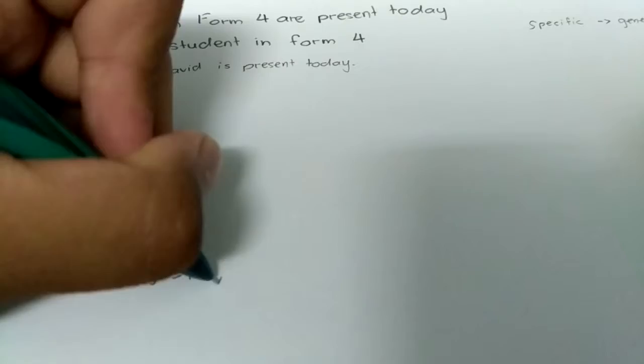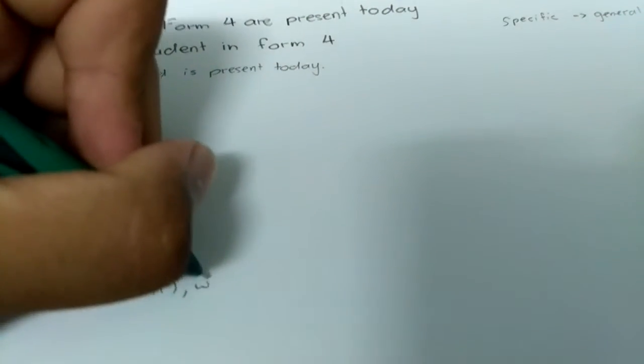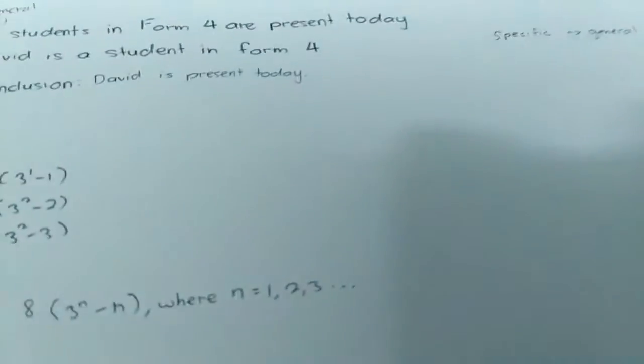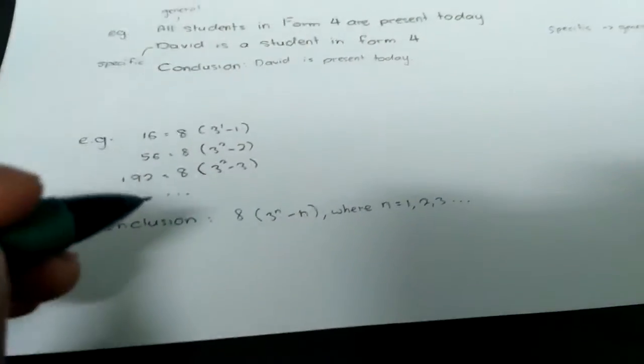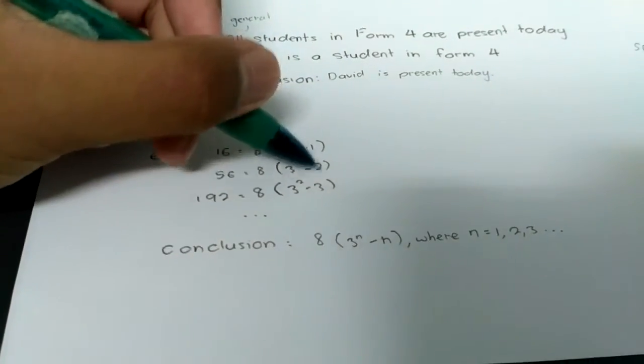And comma, where n is equal to 1, 2, 3 and dot dot dot. Whenever you write a conclusion for induction, you must have dot dot dot, because this equation never stops. It goes until infinity, so you must put dot dot dot. Why 1 to 3? Because here we have 1, 2, 3.